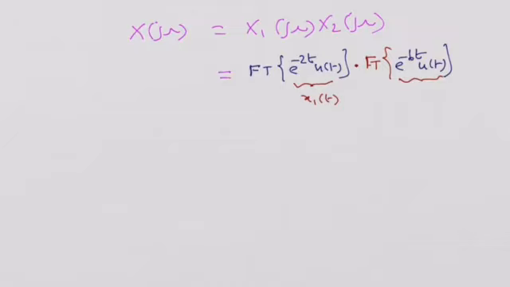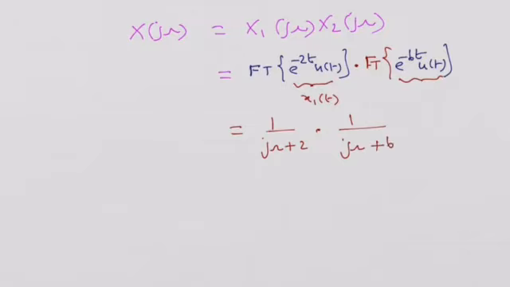So this is how it is written. The Fourier transform of e power minus at u of t is known as 1 divided by j omega plus a. Here a is 2, multiplied with the Fourier transform of e power minus 6t u of t. How will you obtain it? You have to use the formula 1 divided by j omega plus 6. Correct?